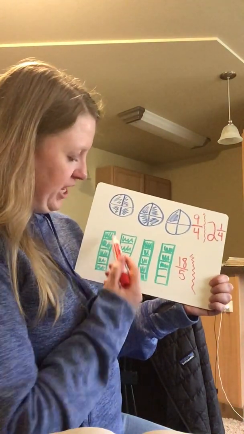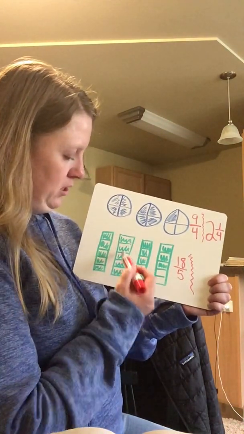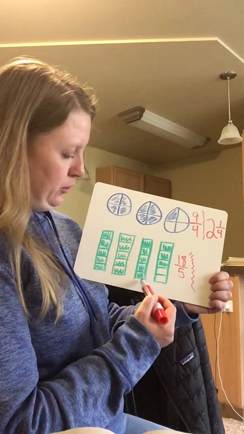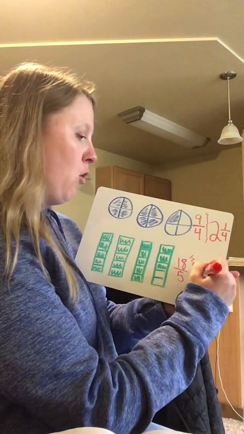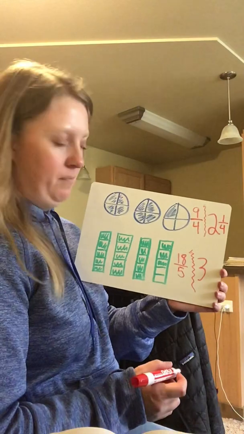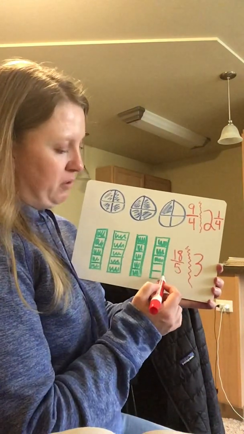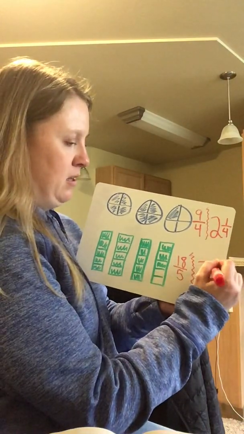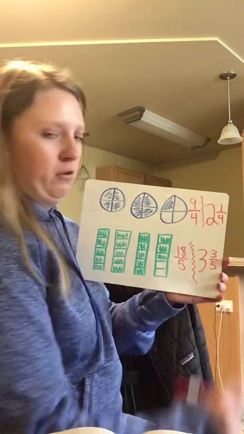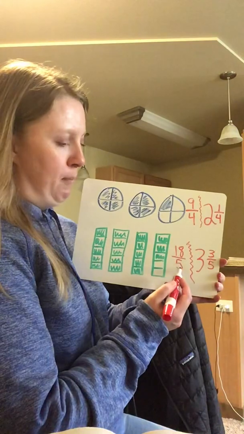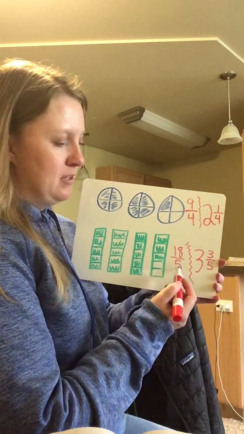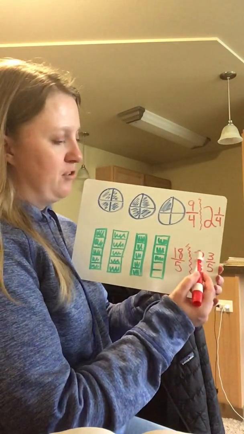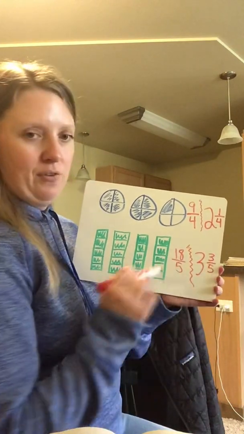So this one's totally shaded in, so there's 1, 2, 3. So I have 3 whole rectangles that are shaded in, and then we just write a fraction for what's remaining. So 3 are shaded out of 5 total pieces. So the improper fraction is 18 fifths. The mixed number is 3 and 3/5.